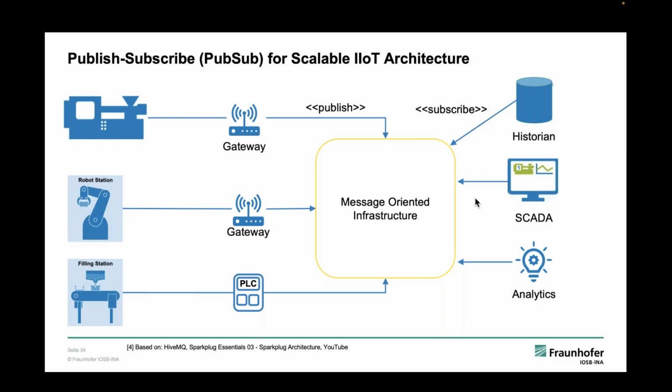Yeah, we have connections from our different systems, the gateways and the PLC, to this message-oriented infrastructure, where they publish, for instance, their temperature value once, and this message-oriented infrastructure then takes care of getting this data to all systems that are interested in it. It can be as many systems as you want, but the injection molding machine, to stick to this example, only publishes this value once. So you can think of it like a TV station, for instance, broadcasting to as many receivers as there are.